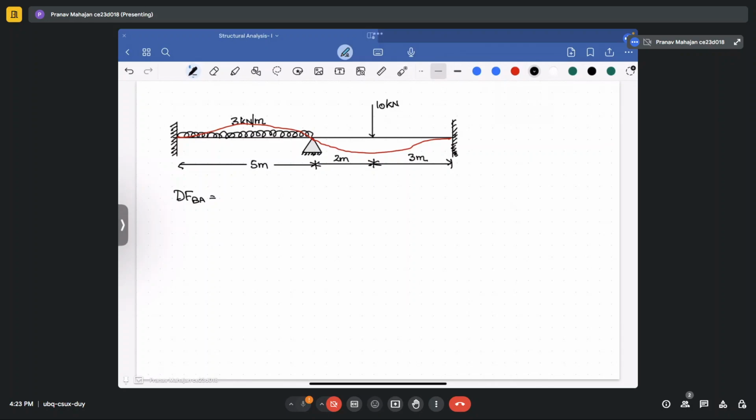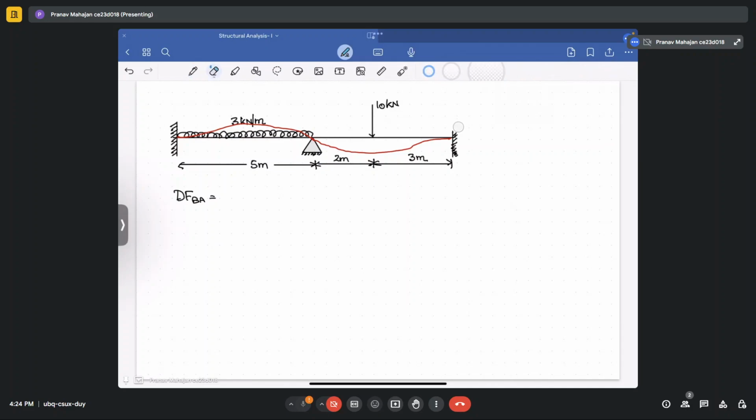So I think the distribution factor we have not calculated. So in this case, your distribution factor dBA will be equal to, okay, so we'll take another problem, not the same.